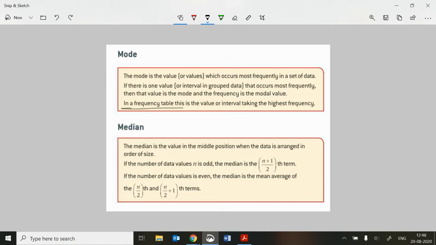And in a frequency table, this is the value or interval taking the highest frequency. Maybe I've misinterpreted this, but I think that's said wrong.